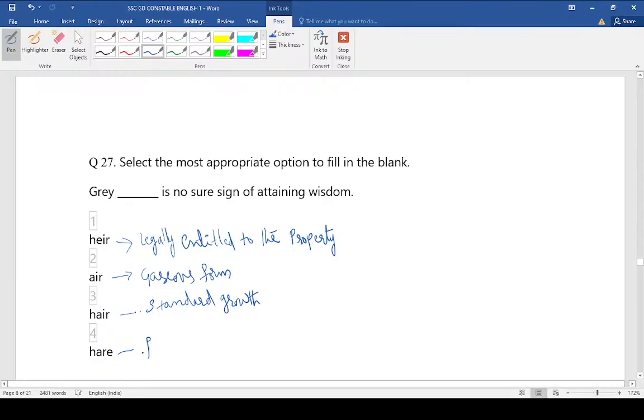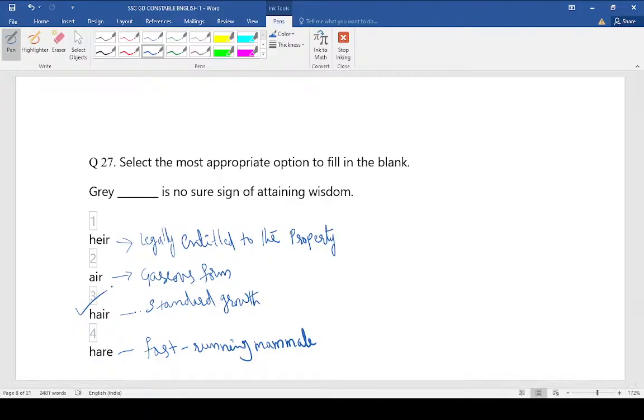It is nothing but a fast running mammal. Mammal. Example, rabbit. Accordingly, what will come? Gray hair is no sure sign of attaining wisdom. Sustained growth. Hair.